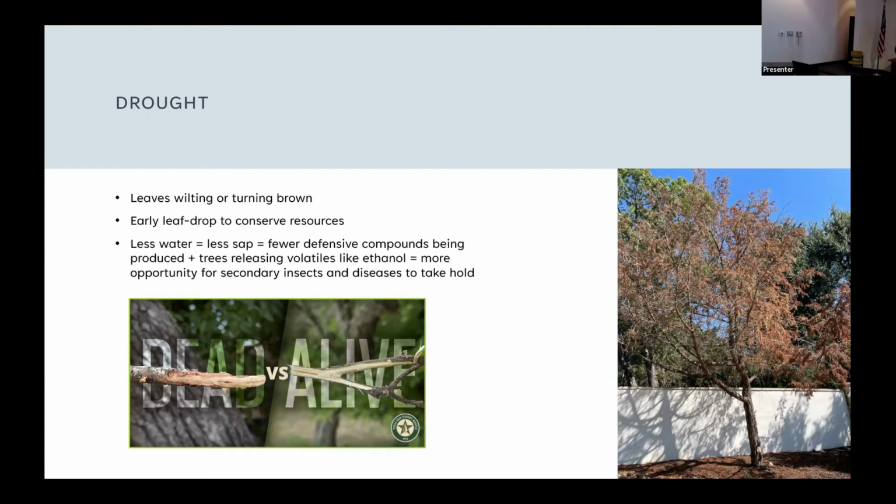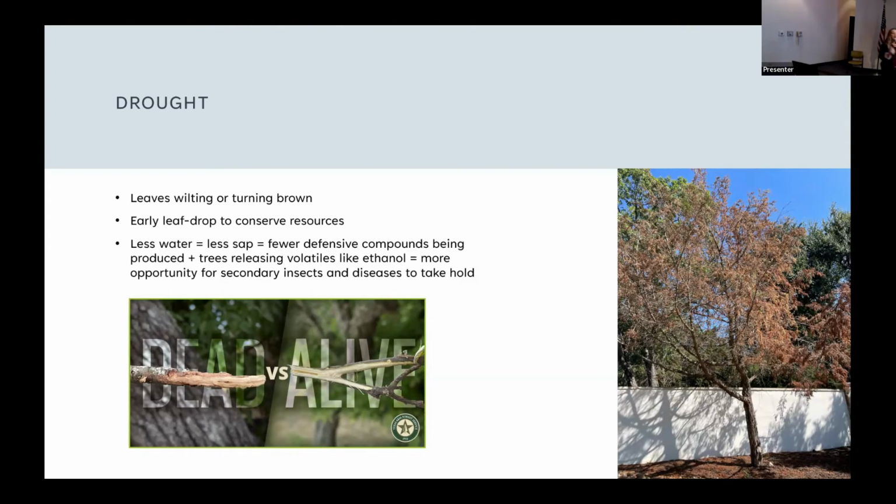They really only keep maybe 5% or less of the water that they take up. They're losing a lot of that water. And so if they get rid of the leaves, they're getting rid of where they lose all their water through transpiration. So they can drop their leaves early to try to conserve that energy, conserve that water until there are more favorable conditions. That's something that we're seeing too, and more on that on the next slide.